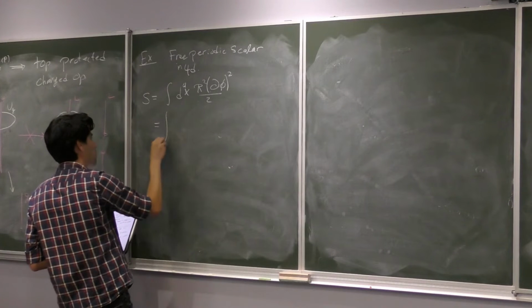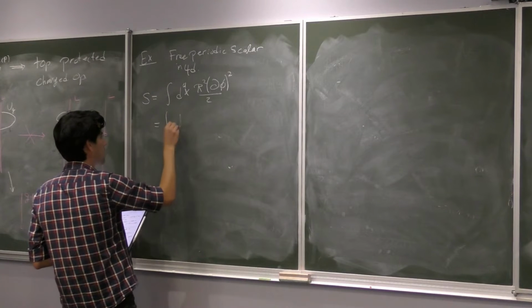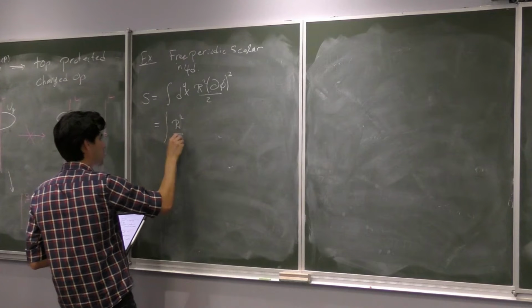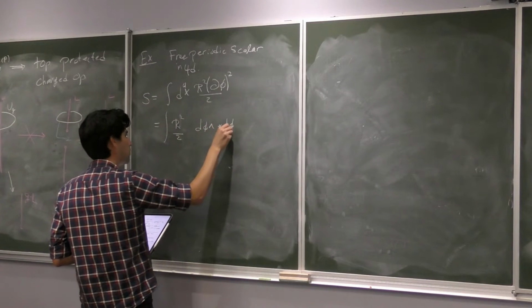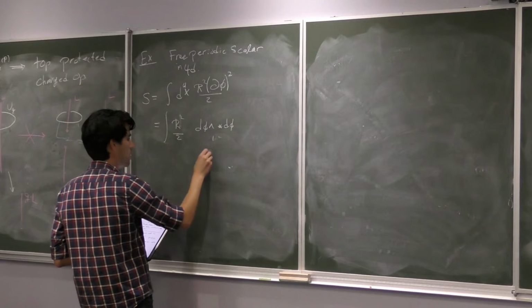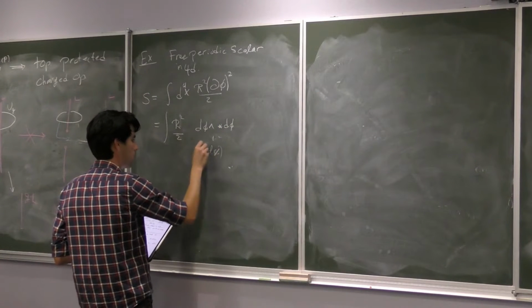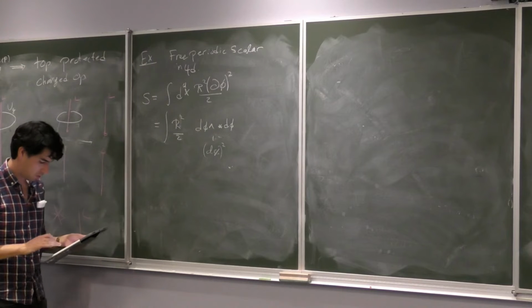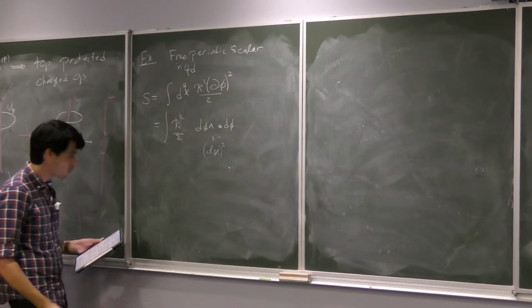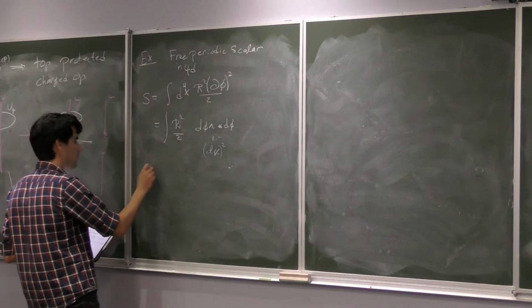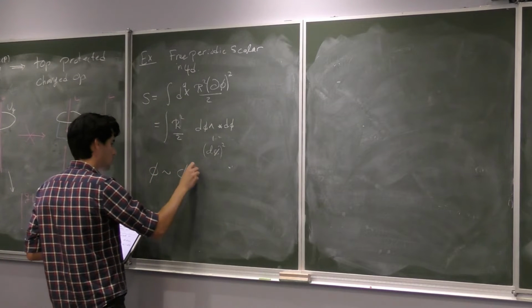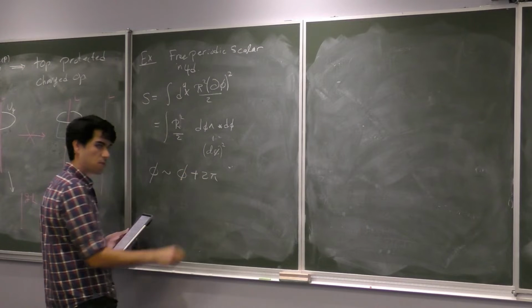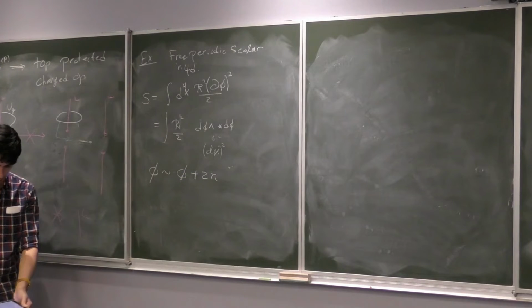In terms of differential forms, you would write it as r²/2 dφ ∧ *dφ, which I'll sometimes just write as dφ². Just for notation. Okay, so by periodic, I mean that φ is literally identified with itself plus a 2π shift.